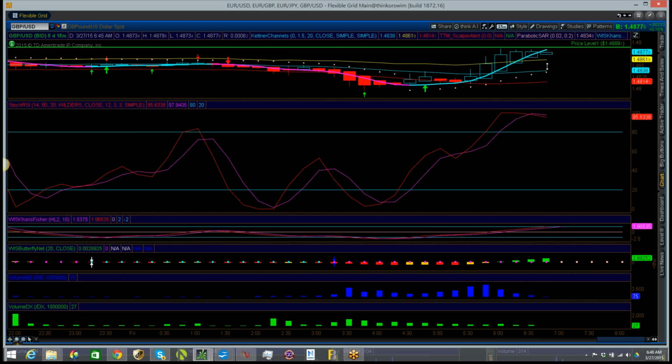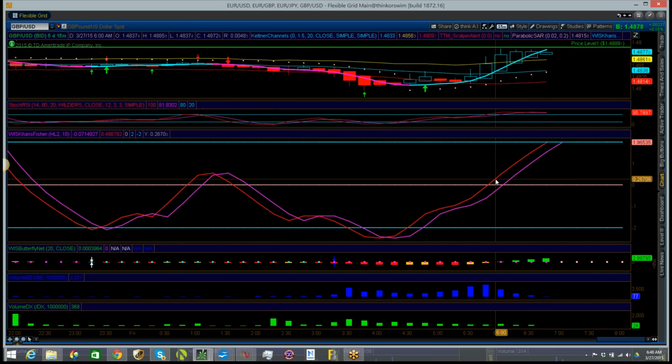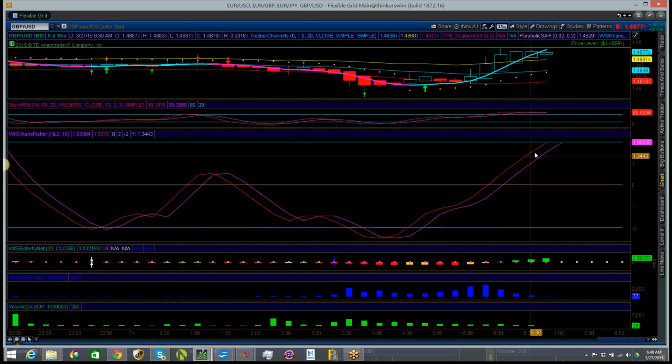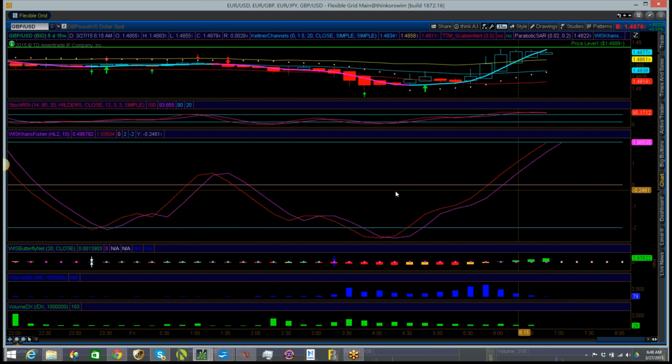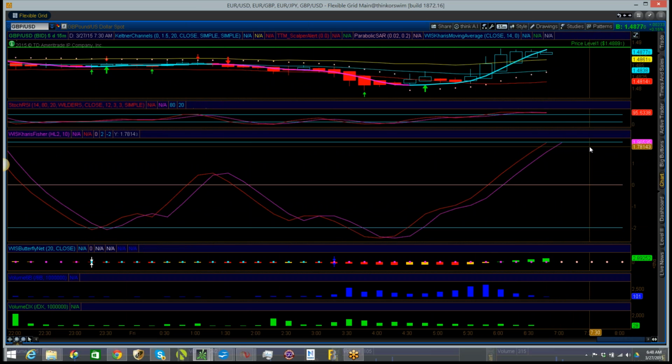Then I look at the stochastic RSI, and they have crossed, starting to point down a bit. The Fisher transform, which is a trend reversal indicator, lagging, not leading, is on the upper part, but it has not crossed back like you have in this area. So there's still room for it to move.